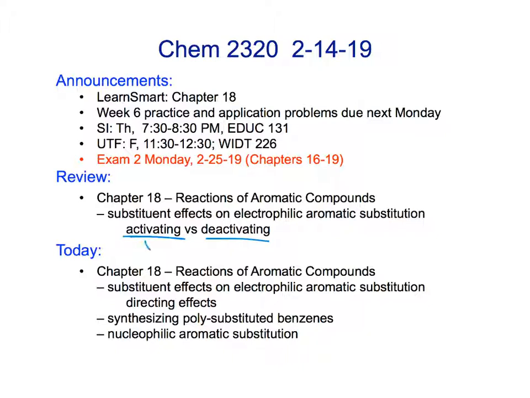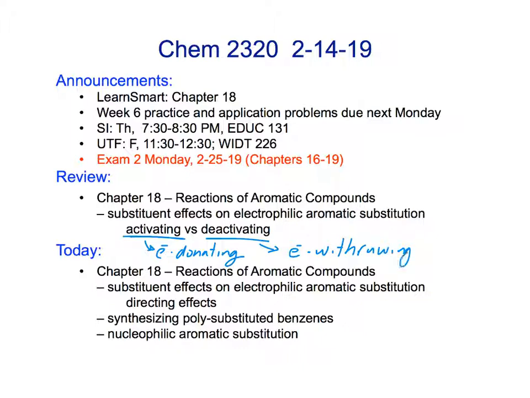In a general sense, what do activating groups do as far as electron density? They donate electron density, right? So these are electron donating, and deactivating groups do just the opposite. So these are electron withdrawing.